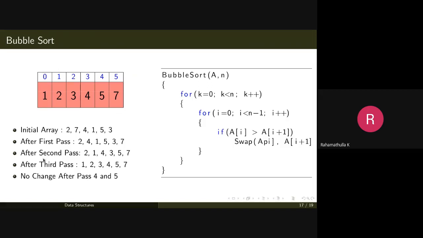So in the fourth pass, if you keep a flag variable here, say flag equal to 0, and if a swap happens, you change it to flag equal to 1, and at the end of this you can check whether the flag has changed or not.